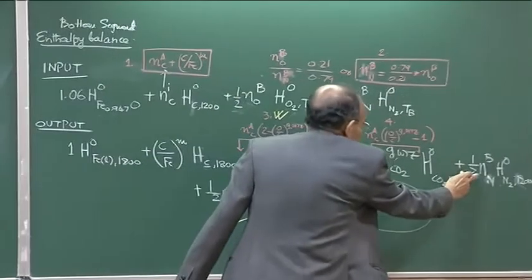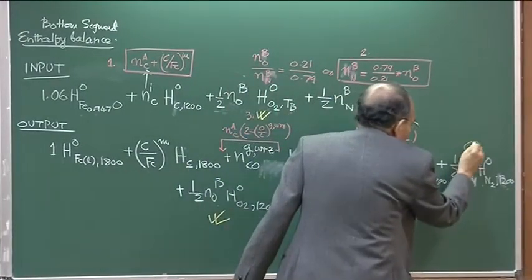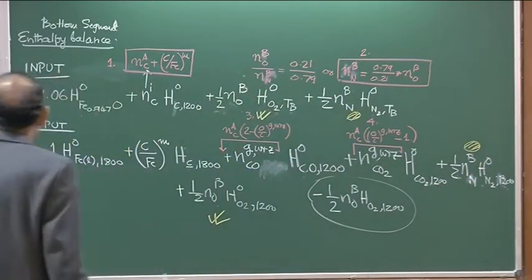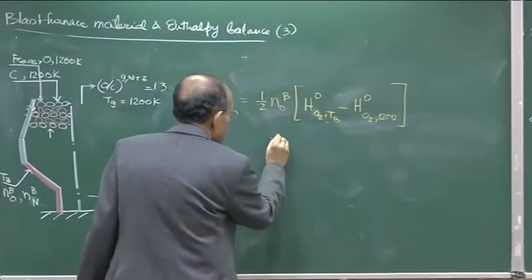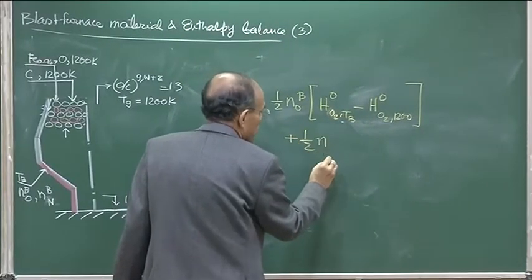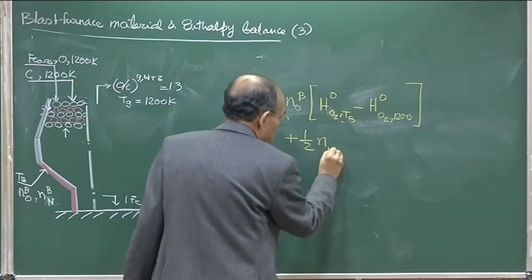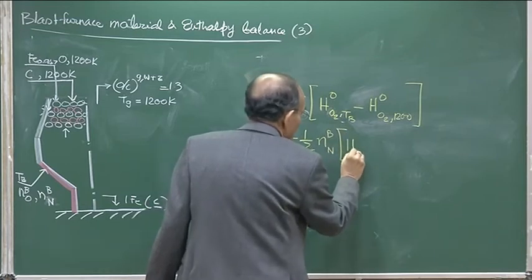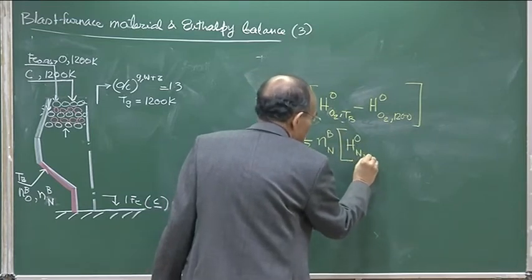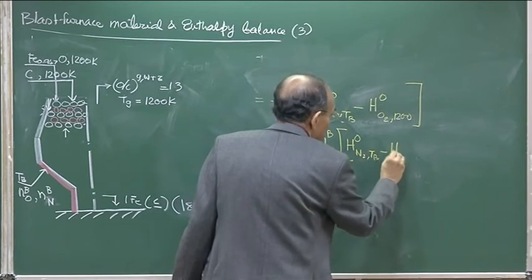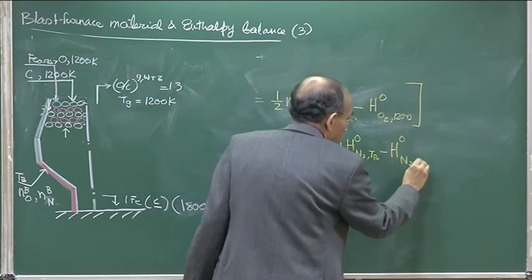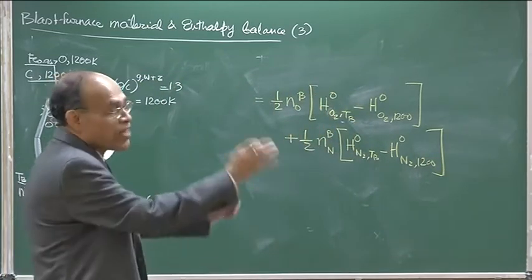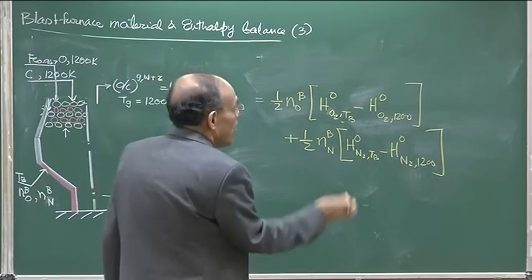Then we take this term on the left hand side and manipulate it with this term, and then we get here plus half NNB, and this is going to be blast, H naught nitrogen TB minus H naught nitrogen 1200. That is the result, and this term is on the left hand side.